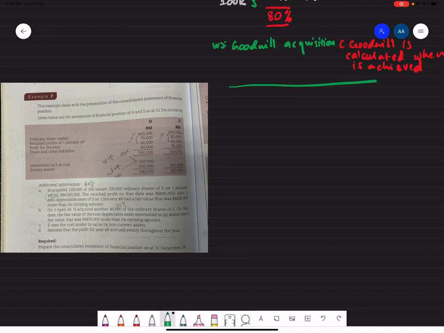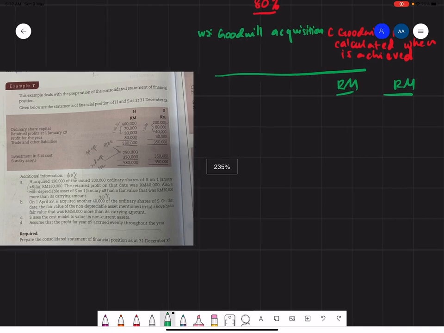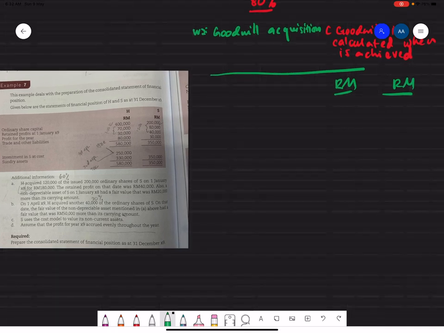So what you do is calculate the goodwill. Goodwill is consideration transferred, so you look at information on 1st January X8.